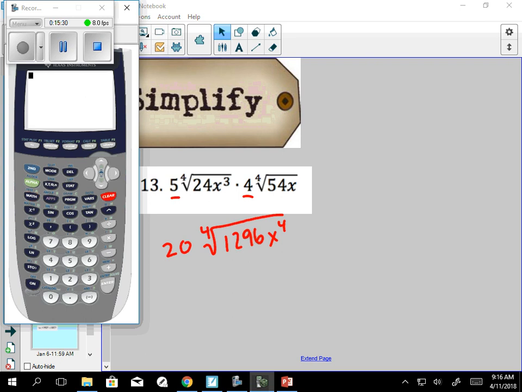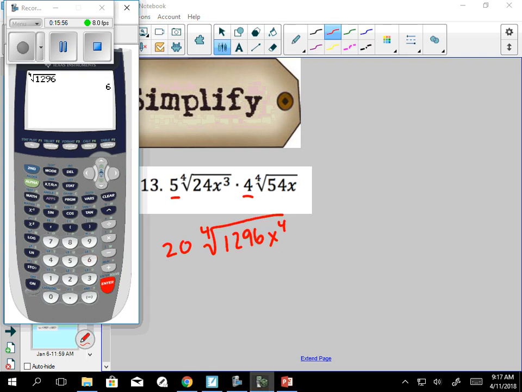Now, in this particular calculator, one similar to it, you have to first hit the root that you want to do. So here we want to do the fourth root, so type a 4. Then select that x square root one, and then type in the number 1296. Hit enter, and it'll give you the fourth root of this number, which is 6.